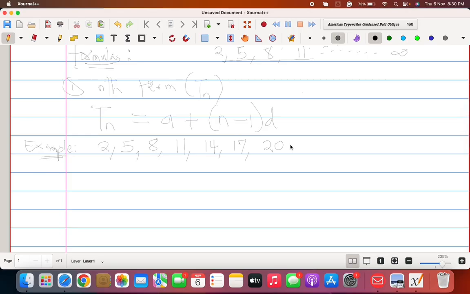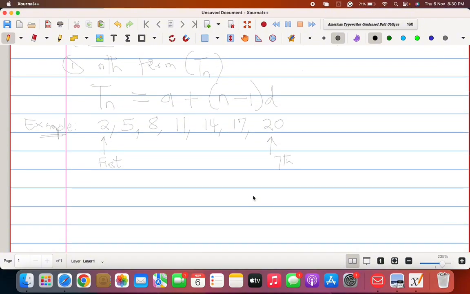This is the first term, the second, the third, the fourth, the fifth, the sixth, the seventh. From our writing it out, the seventh term is 20.